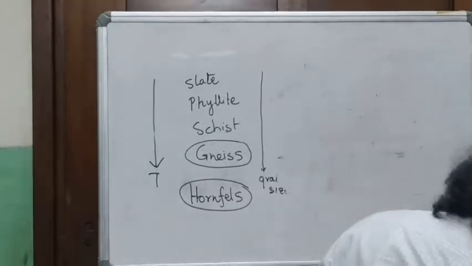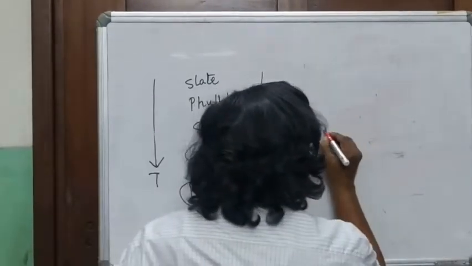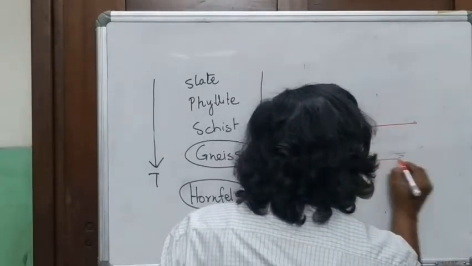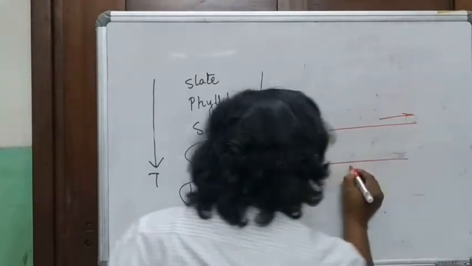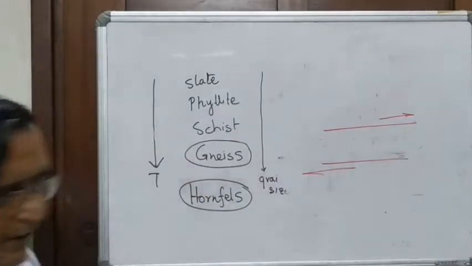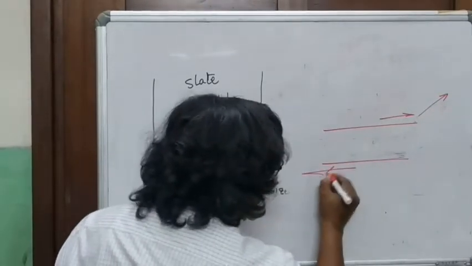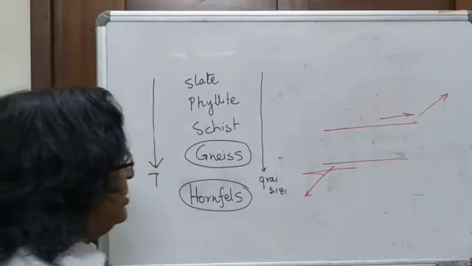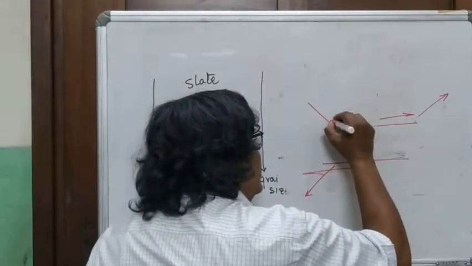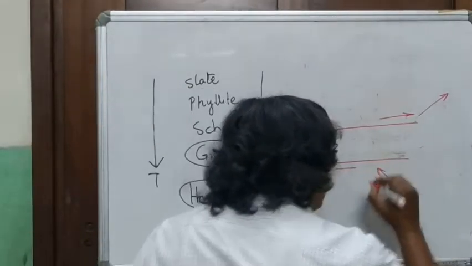But if we take a case of simple shear, the maximum stretching direction is this way, and the major shortening direction is at 90 degrees to it.